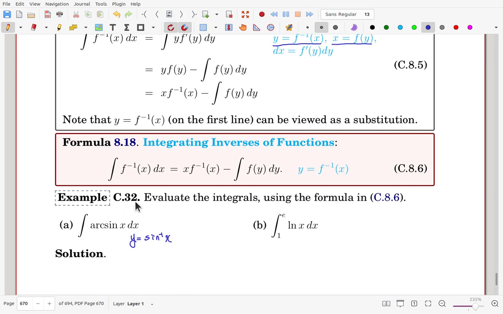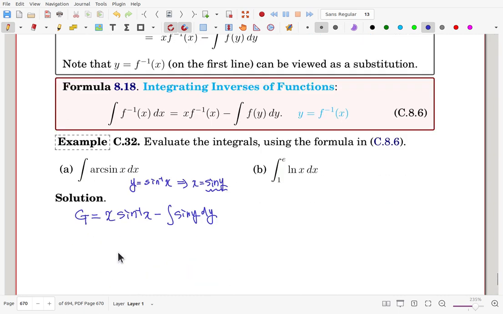Now if we are using this formula, there's f inverse, so from here, x is sine y. There's f of y, right? Now, given integral, if we are using the formula over there, then there's x times f inverse of x, arc sine of x, minus the integral of f of y, which is sine y, dy, right?